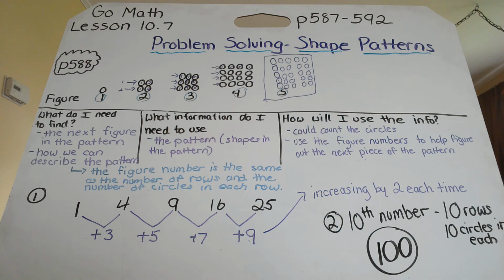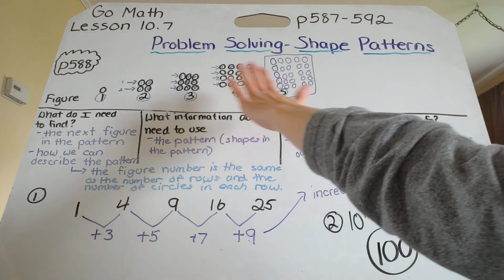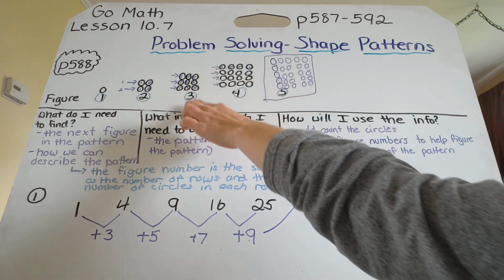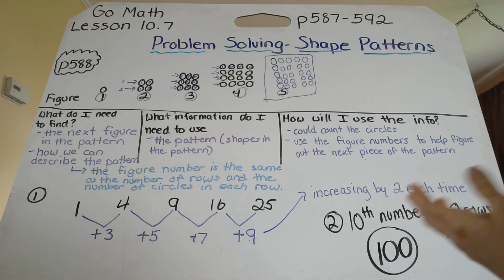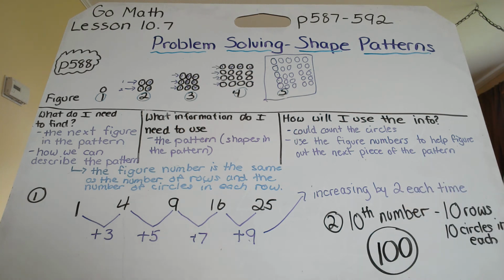And if you look at 589, with those patterns, don't just look at the shapes, okay? Just how here we couldn't just look at just the circles. We had to look at the figures too and what those numbers were. Make sure you remember that with shapes, there's also sides to the shapes, and the sides can be a part of the pattern as well. So always keep that in mind, especially on page 589.